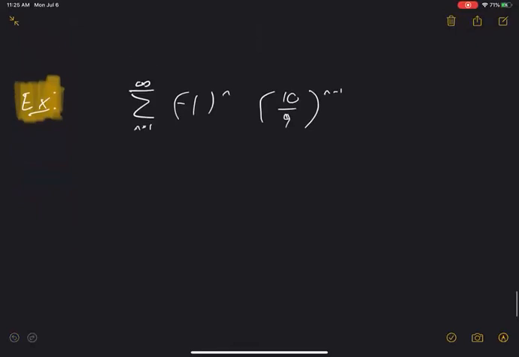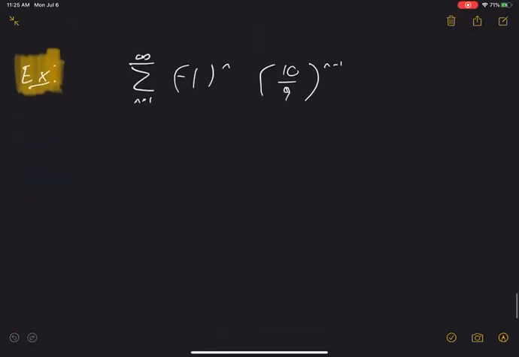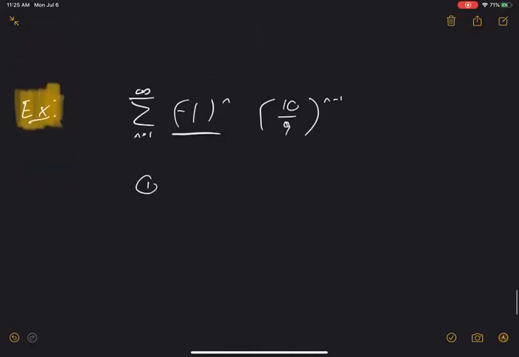Last example, let's see this real quick. Let's consider this alternating series. I see immediately it's an alternating series just by that alternating sign term. I check my 3 conditions. Is this term positive? Yeah, that's always positive. Step 2, is this decreasing?